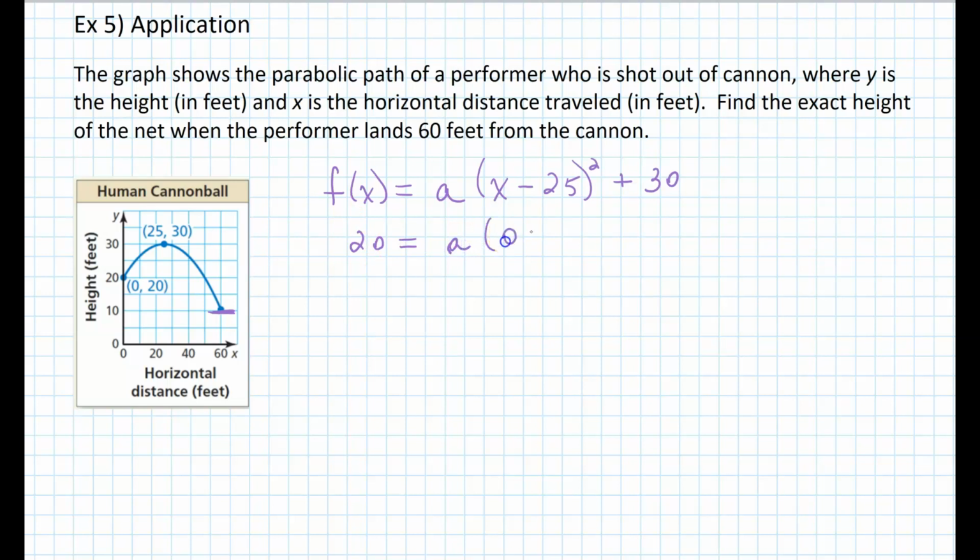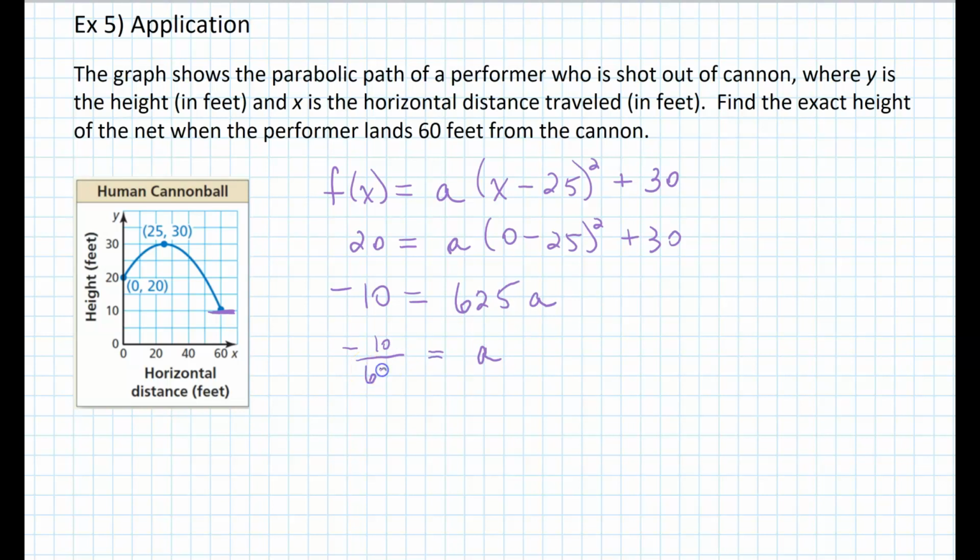X value is 0. Okay, so if we start to simplify this, we get negative 10 is equal to negative 25 squared, which is 625, times a, which means a is equal to negative 10 over 625.